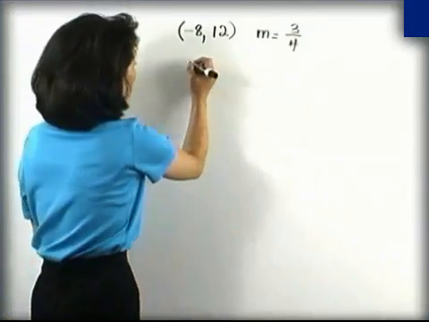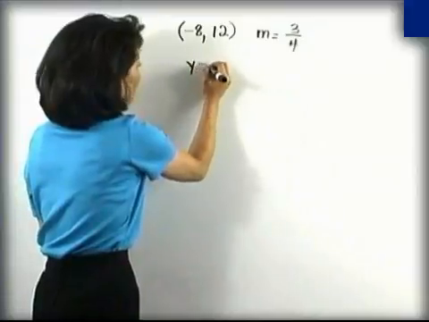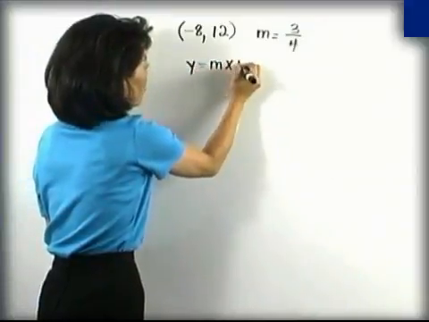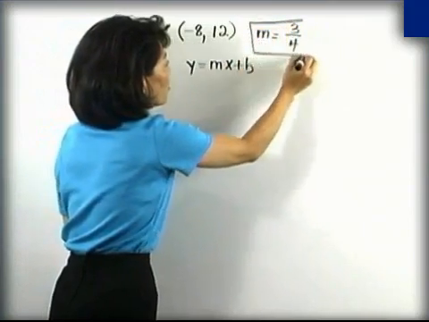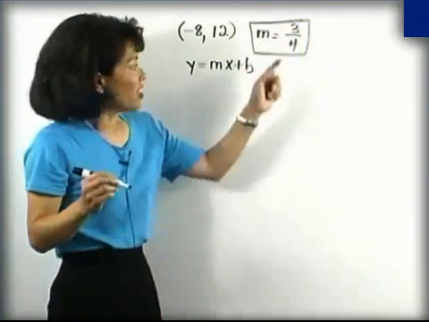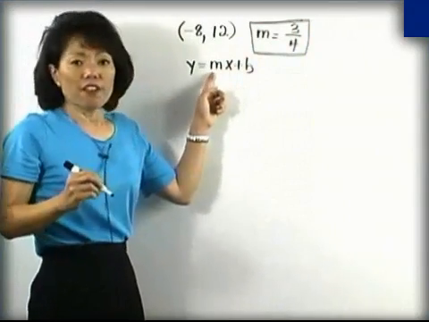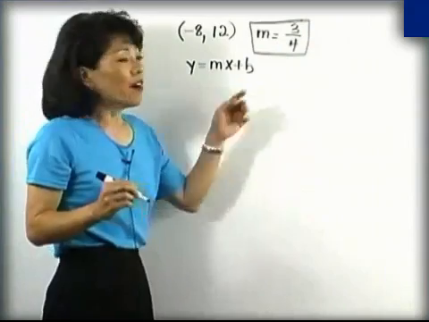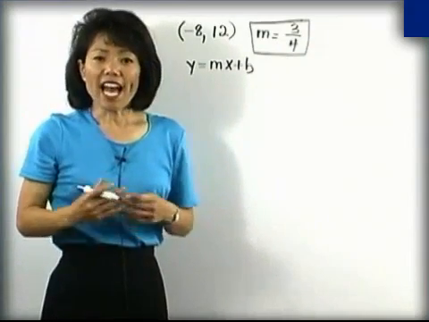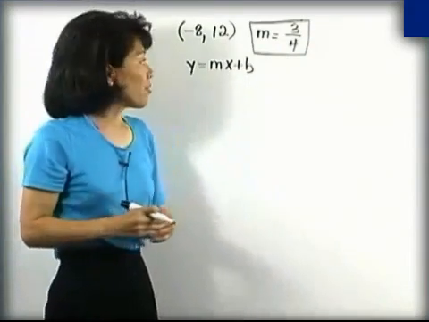Well, let's again write the equation y equals mx plus b. We're very happy with the fact that we are given the slope is 3/4. That's going to just slip into our equation for m. But what we're not so happy about is that we have no idea what b is equal to. How are we going to find our y-intercept?